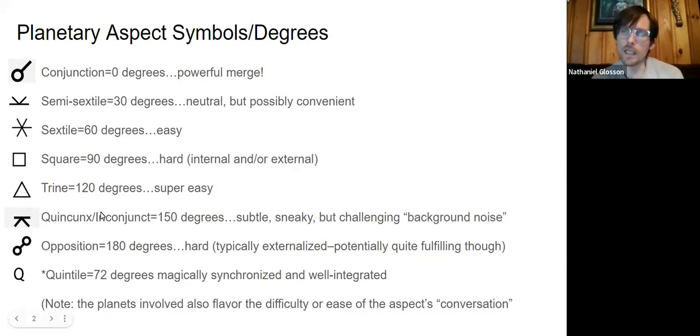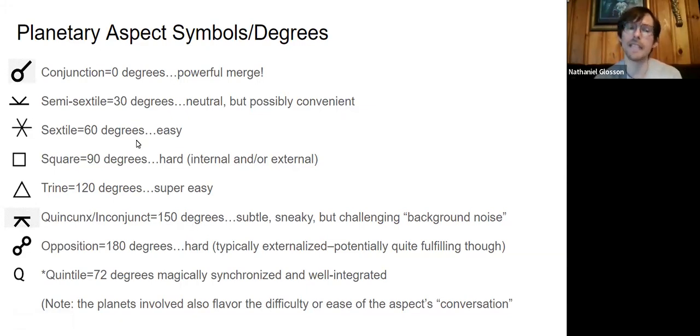The quincunx, or inconjunct, is also considered a minor aspect, although I do consider it to have more weight than the semi-sextile. We'll talk about that more later. It's when planets are around 150 degrees apart. For the quincunx, the orb is very small regardless of planets. It needs to be 3 max, I think, is about what I've seen.